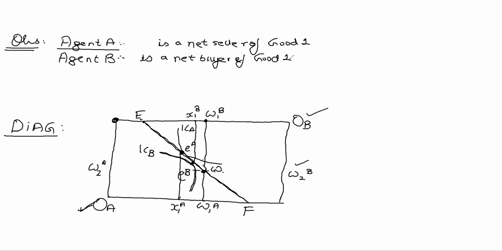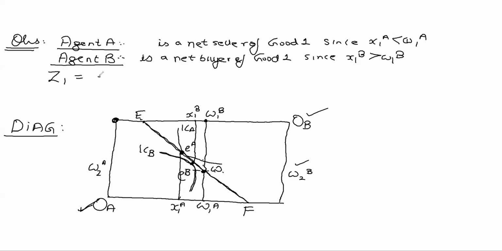Why is agent A a net seller of good one? Since X1A is less than omega 1A, and agent B is a net buyer of good 1 since X1B is more than omega 1B. Now, guys, if I define Z1, what is Z1? If you recall, Z1 is the aggregate excess demand for good 1.